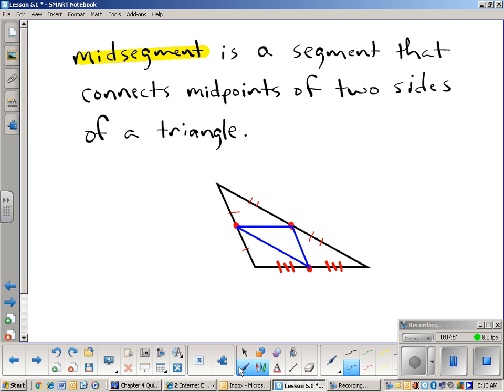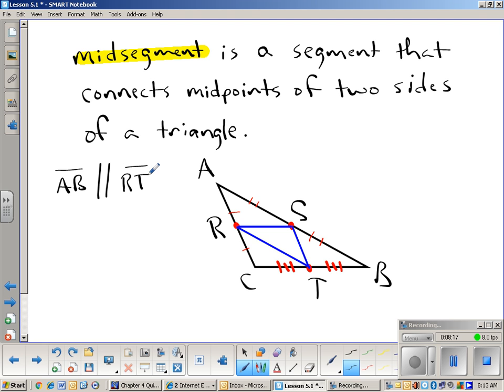So if I label this A, B, C, R, S, T, okay? Segment AB is parallel to what segment? RT.